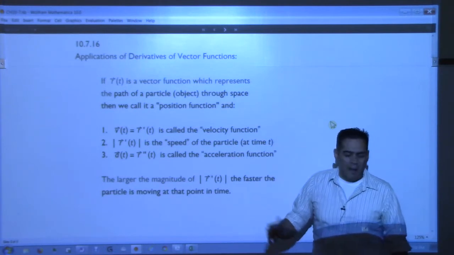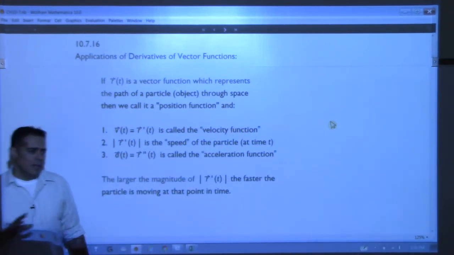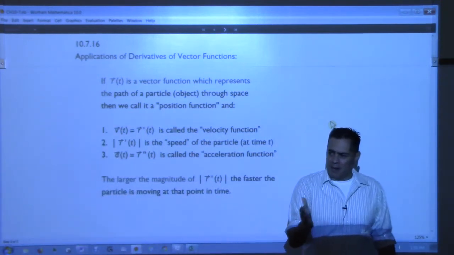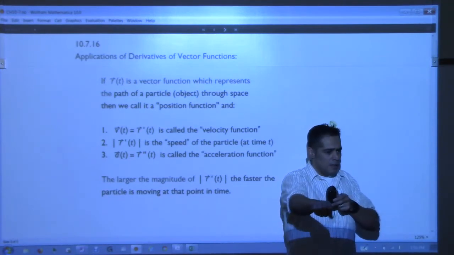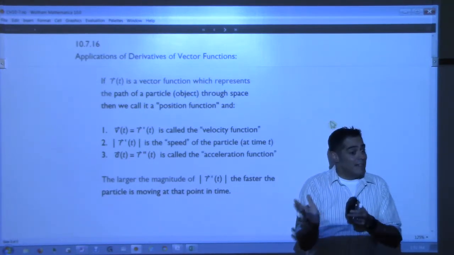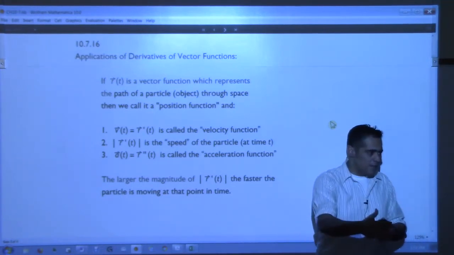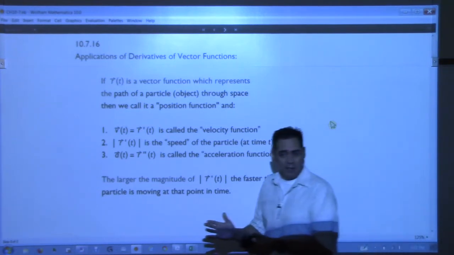So back in Cal 1, when we talk about velocity, we pretty much say velocity and speed are the same thing, because in Cal 1, we always assume something's moving in a straight line. So we don't have the idea of a vector in Cal 1. But here in Cal 2 and in physics, I'm sure if you've taken physics, you understand that there is a difference between velocity and speed.